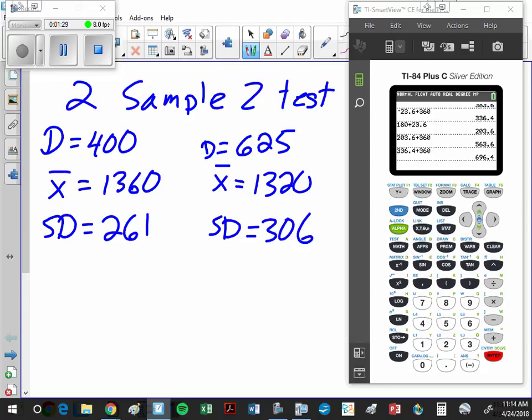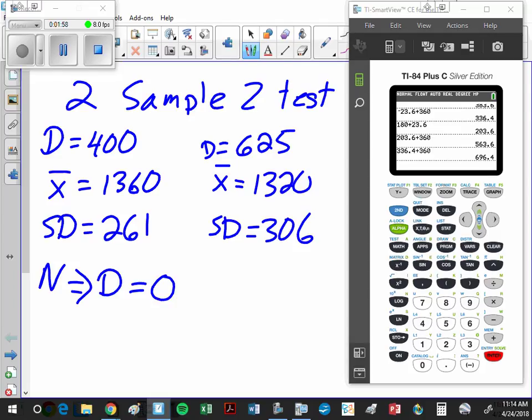And the question is, did these football players eat fewer pounds per person the second year? So we need to set up our hypothesis, and you can actually set it up however you want. My null could be that the difference equals 0.